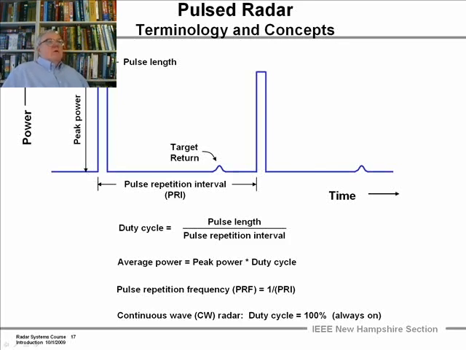But the peak power is power versus time. The peak power is the biggest value it gets to, and the width is called the pulse width. Then sometime later you get an echo back, the target return, and a little while later you send out another pulse. What we call the PRI, the pulse repetition interval, is the time between those two pulses.